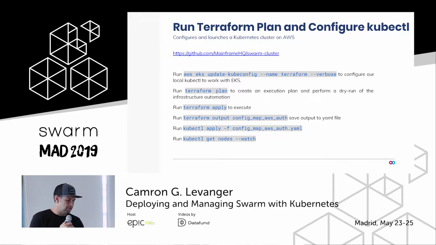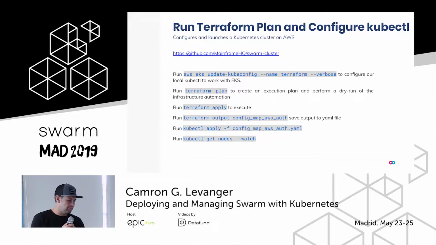This command just automates that. You don't have to monkey around with it too much. That will set you up and give you access to the AWS resources you just created using Terraform. Then you run the Terraform plan, which will do the dry run, show you any errors you might have, like I just had. And then Terraform apply actually runs it, creates the AWS resources.